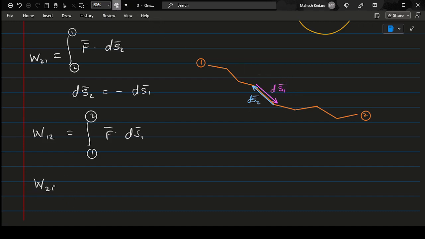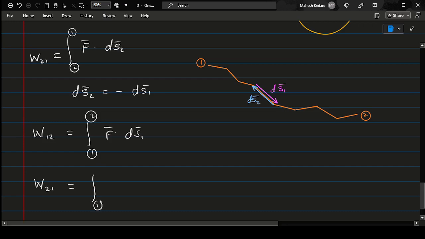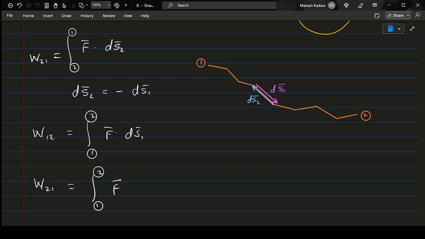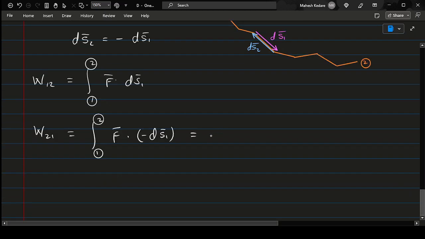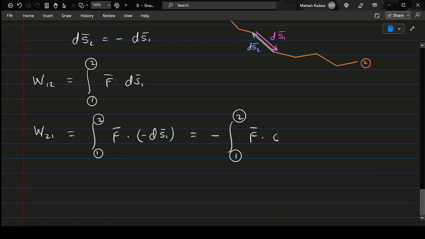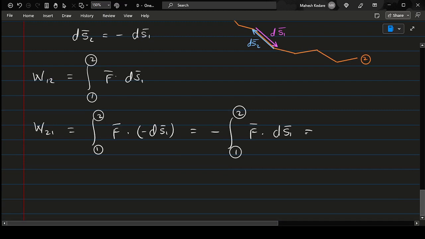So, work done in going from 2 to 1 can be written as the integration from 1 to 2 with ds bar replaced by negative of ds1 bar, and this is equal to negative of the integration from 1 to 2 of a bar dot ds1 bar.